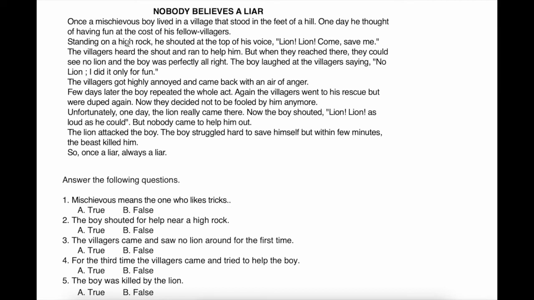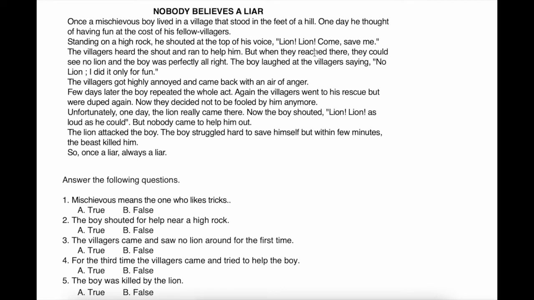Standing on a high rock, that means the boy one day stood on a high rock, he shouted at the top of his voice, that means loudly, "Lion, lion, come save me." The villagers heard the shout and ran to help the boy.